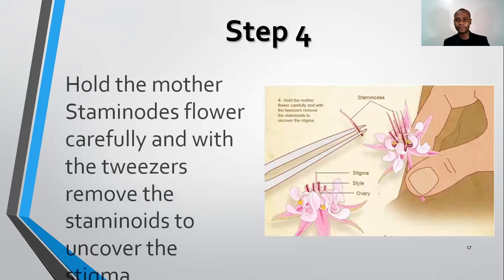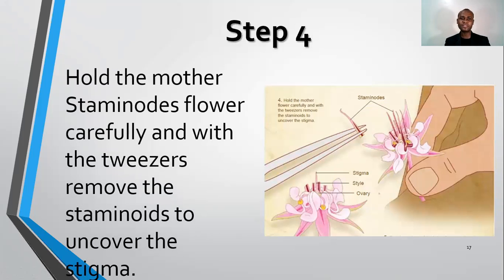Step number four, hold the mother flower carefully, and then with the tweezers, remove the staminodes to uncover the stigma. So you use the tweezers over here, and then you remove the staminodes so that the stigma will be revealed like that.